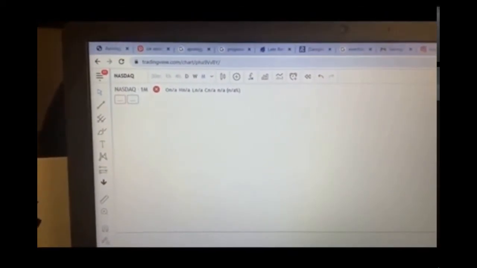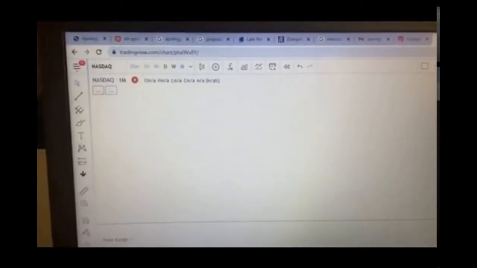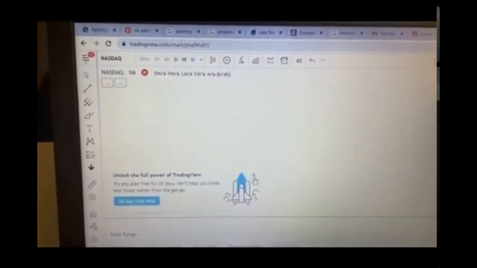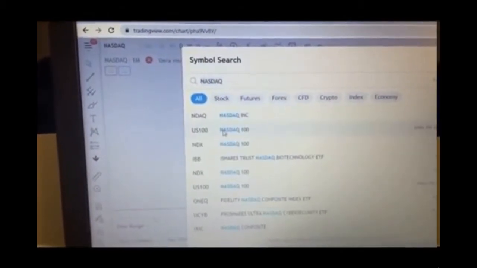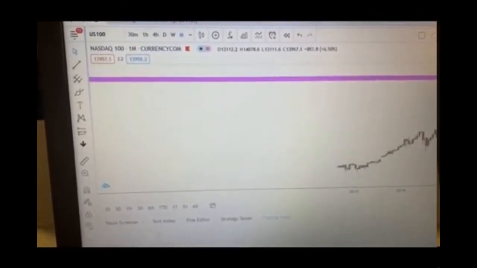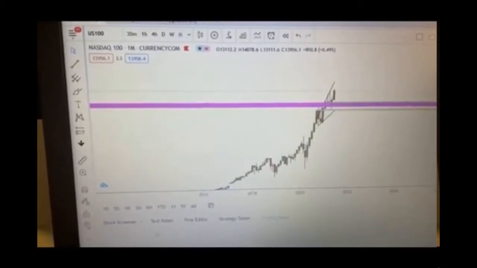This guy needs to load. US 30 selling, tap NAS 100 and go to global one. Okay, great, but this is not Nasdaq. Oh, it is. Okay, let's just delete this analysis that took place.